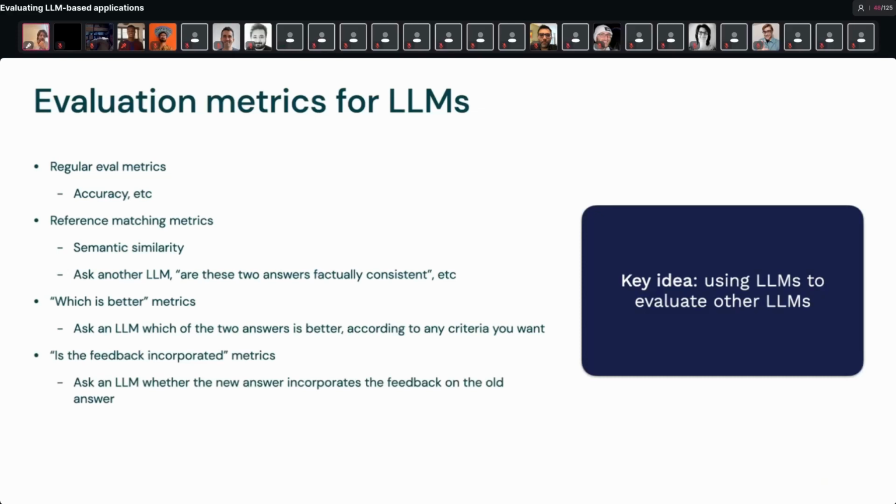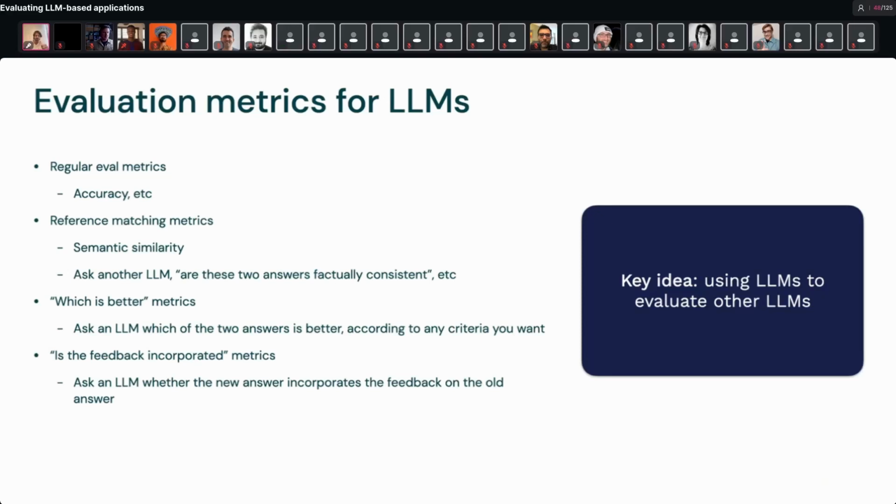You can also write metrics that assess whether the output of the language model incorporates feedback given on an old output. So if you run your model and one of your friends says, "Hey, I asked a question about Taylor Swift, and it gave me back an answer that was about Taylor Swift's old albums, and I wanted an answer about the new albums."